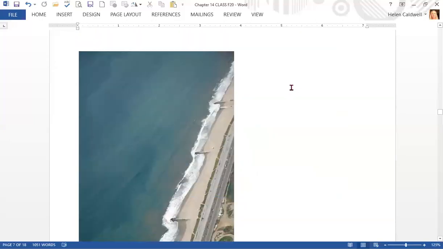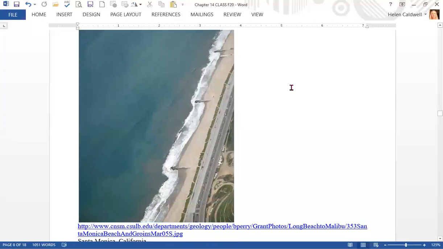And here is a photograph. This is in Santa Monica, California. And you can see we have a series of groins. There's one here and here and here. And you will notice that on this photograph, on the sort of northeast side of the groin, so that would be right here, sand is piling up, but on the southern side of it, sand is being eaten away.